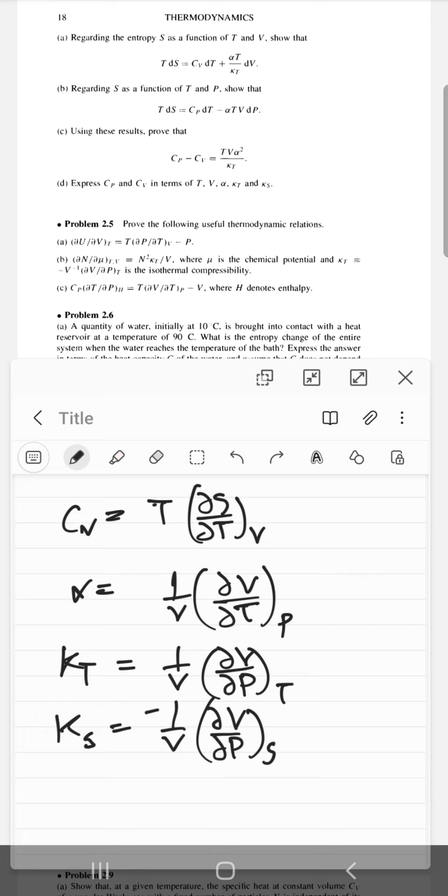There's got to be something that's common, right? Let's just try to convert everything in terms of entropy and volume. Okay, let's just say temperature and volume, that's better.